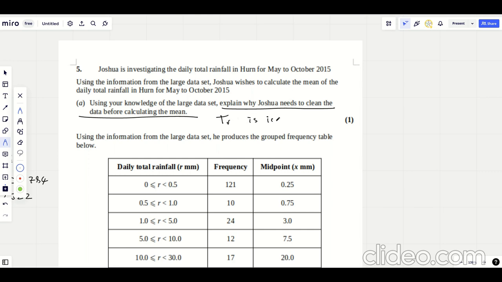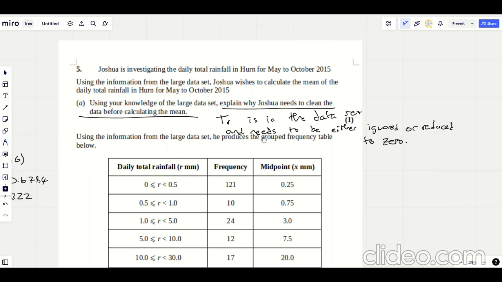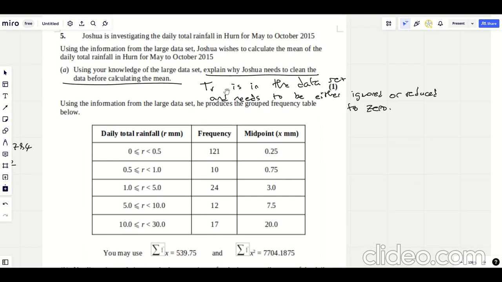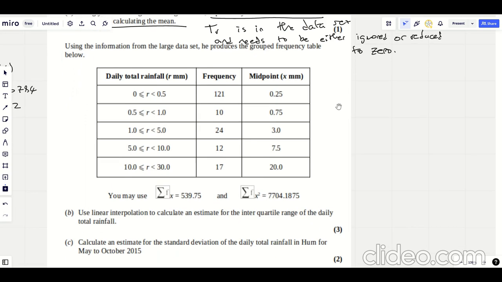TR is in the data set and needs to be either ignored, or you could just reduce it to 0, or a very small amount. So you've got to clean the data because you've got some non-numerical entries. That's the problem. Traces in the data set need to be either ignored or reduced to 0. I prefer probably reducing it to 0 because it's trace amounts.